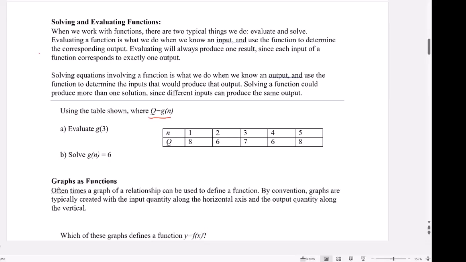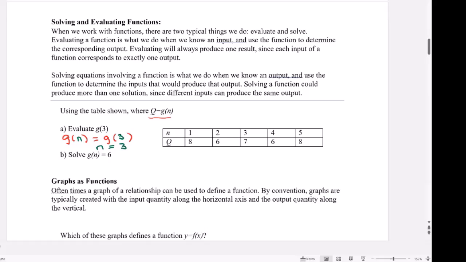Here we have G of N. Okay, so if I say G of N equals G of 3, then we can see that what we're really saying is N has to equal 3.